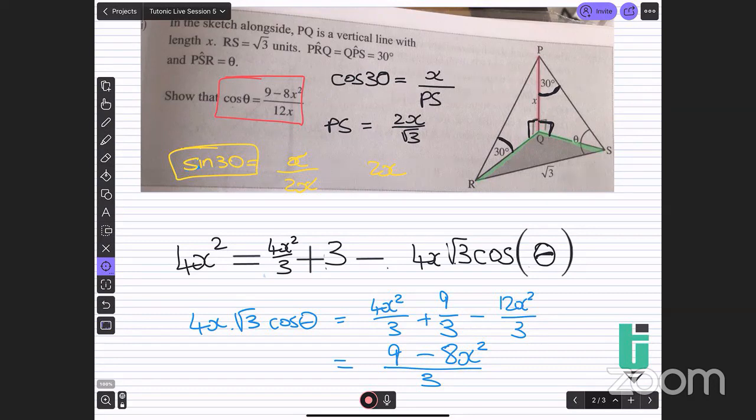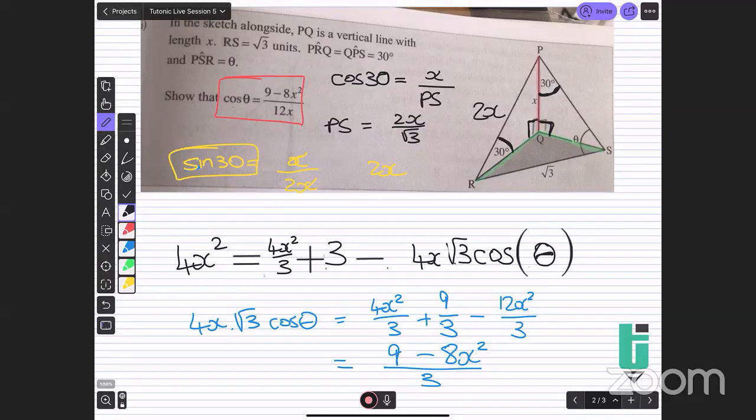That should be 12x. This should not be here. Okay, let's just double check. So it's going to be 2x. Does anybody see a mistake that I maybe made?